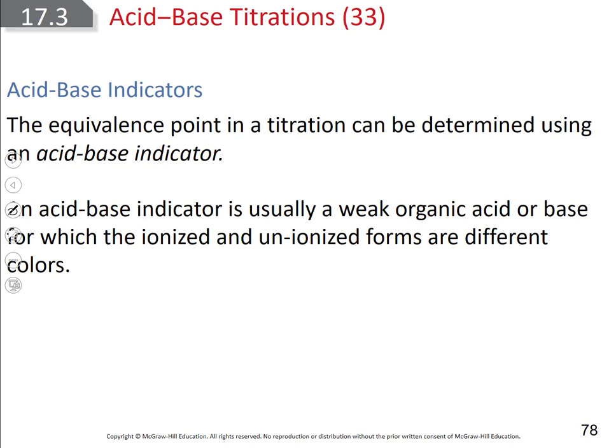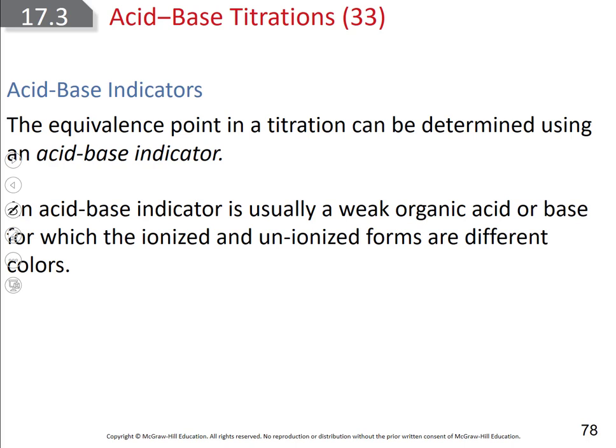So at the equivalence point, is our pH acidic or basic? Slightly basic, which means our color with phenolphthalein should be slightly pink. So that's why we picked phenolphthalein, because we were titrating a weak acid with a strong base, so at the equivalence point we expected a basic pH.